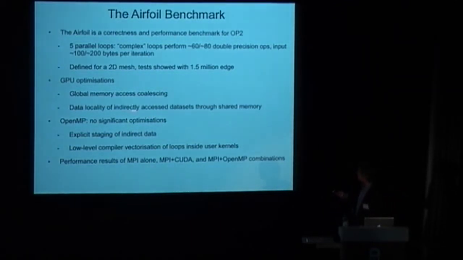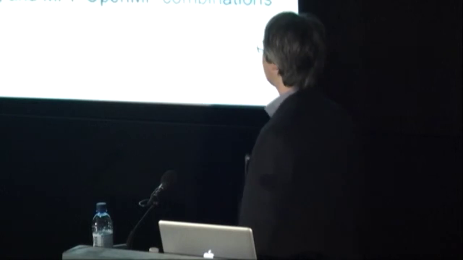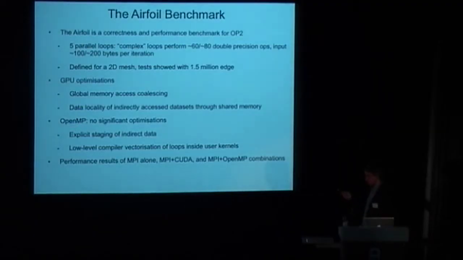Then data locality through shared memory, in the sense that every time we access an OP dat through an indirection, before accessing it in the user kernel, we first stage the data inside the shared memory. Okay? In OpenMP, so one of the other backends I'm going to show you is OpenMP, there are, I'm afraid, no significant optimizations, but I will surprise you later. And there is an explicit staging of indirect data, which is not hurting a lot.